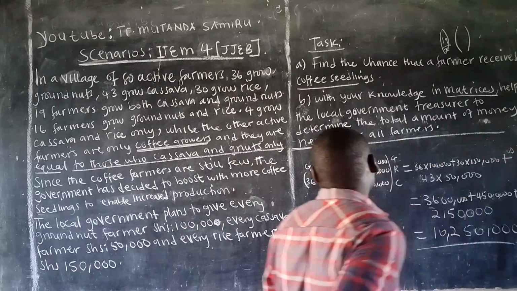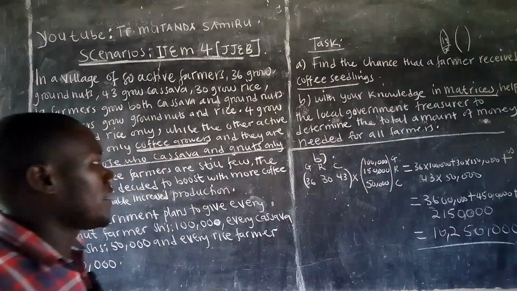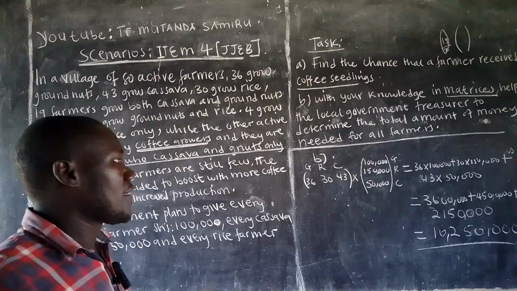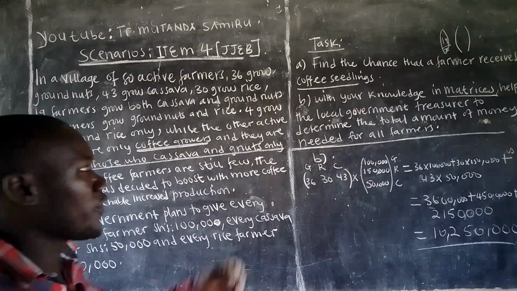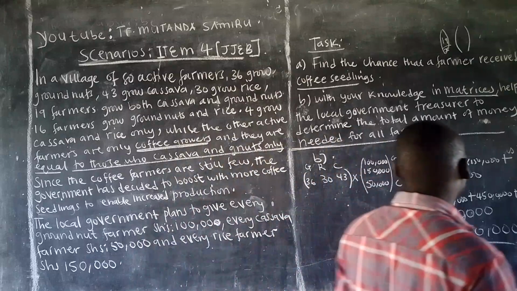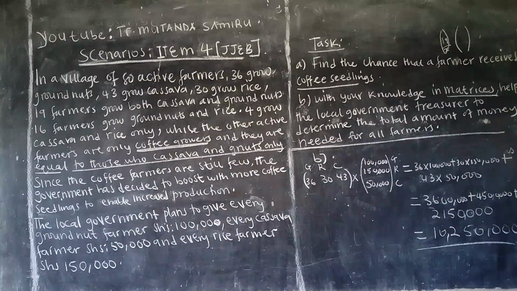So the government I think will require 10 million 250,000. So therefore you conclude and say, therefore the local government treasurer should have 10,250,000 shillings in order to cover the whole expenditure.